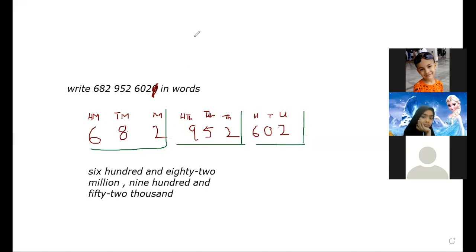So I'm going to write it. First I'm going to write a comma, then how many hundred do I have? 600. So 600 and how many units do I have? 2. 602.